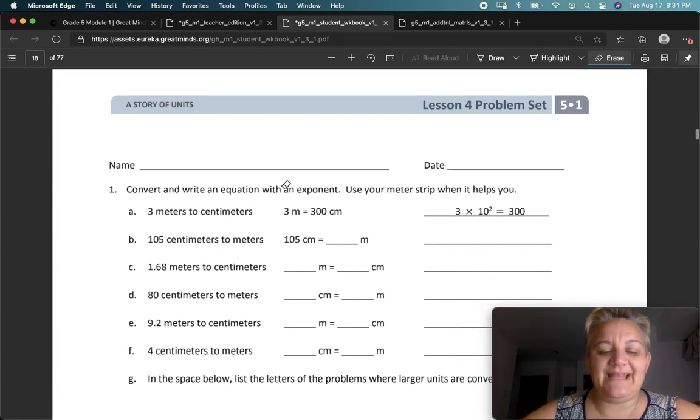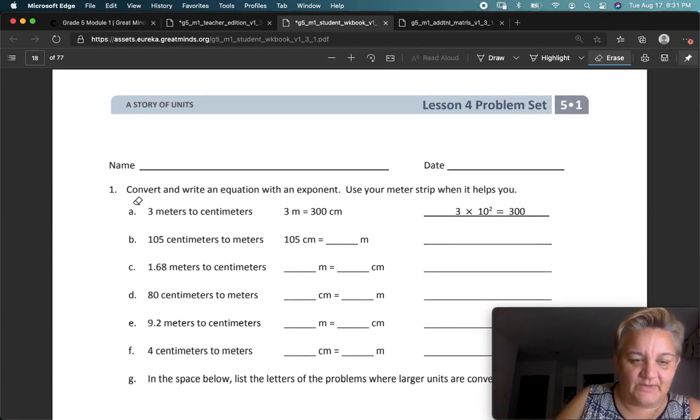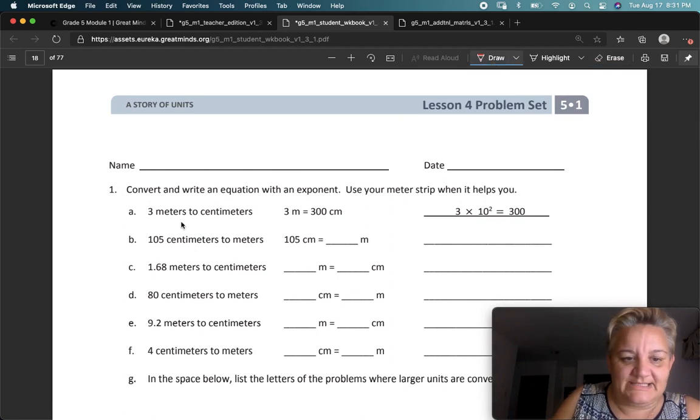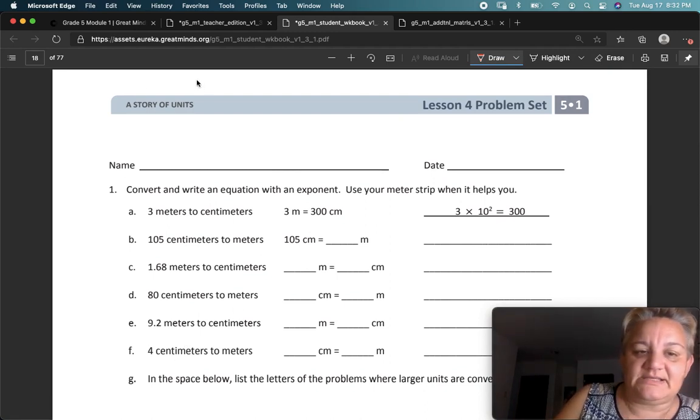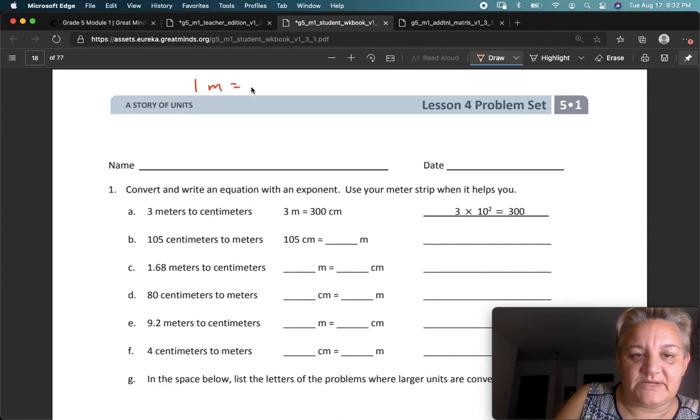There's our problem set, and all we have here, just take a quick glance. I see meters, centimeters, centimeters, meters, and so on. Perfect. This is an easy one because 1 meter equals 100 centimeters, and 1 centimeter equals 1/100th of a meter.